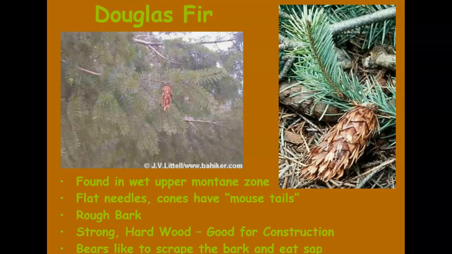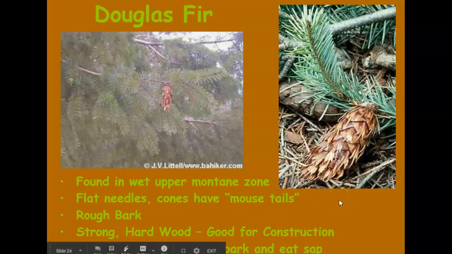And then the Doug fir has these interesting cones, which have these papery bracts, which look sort of like the back ends of squirrels. This is really characteristic. There's no other cone in Colorado where you can see this bract extending beyond the basic shape of the cone.